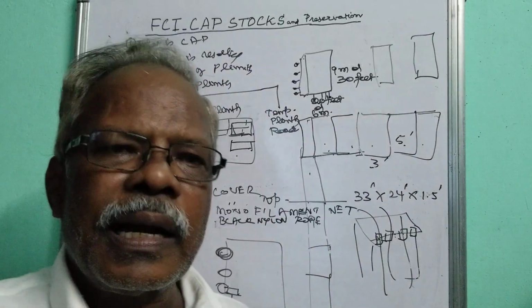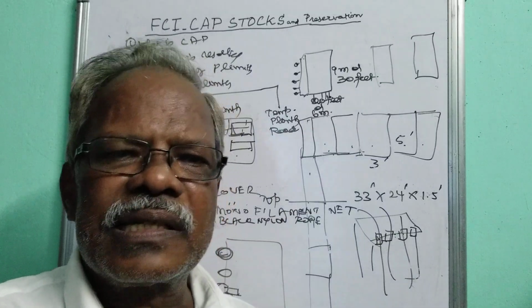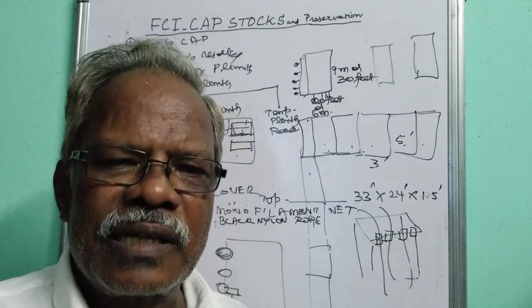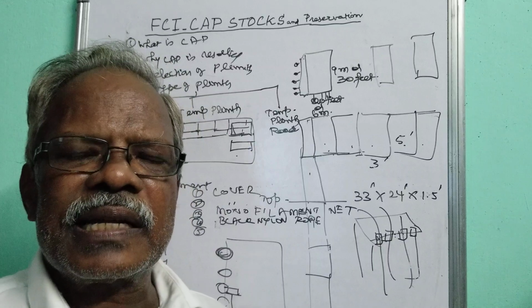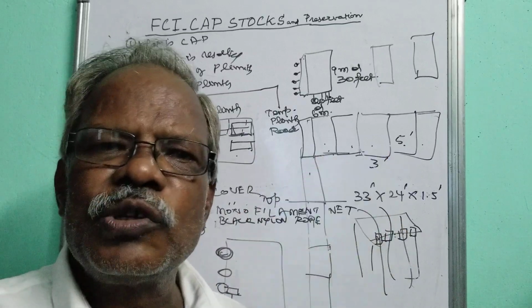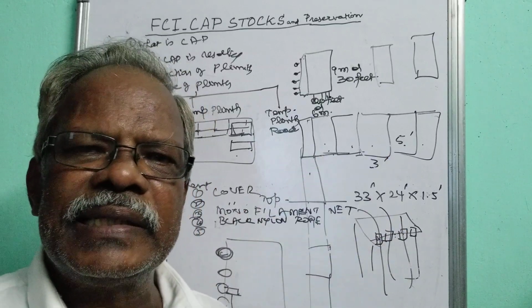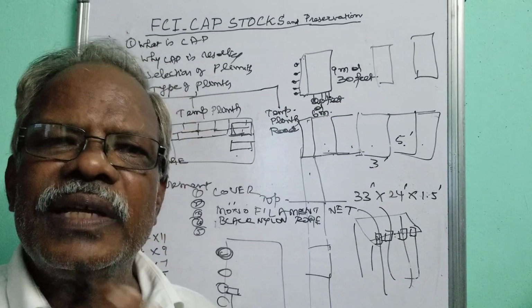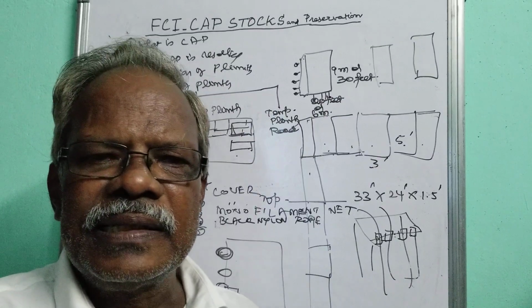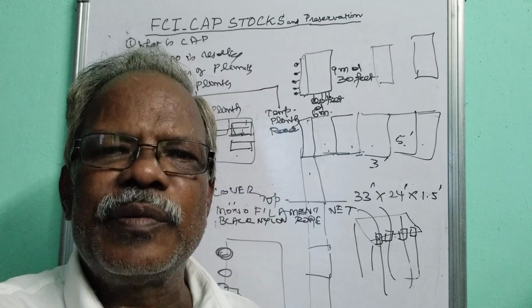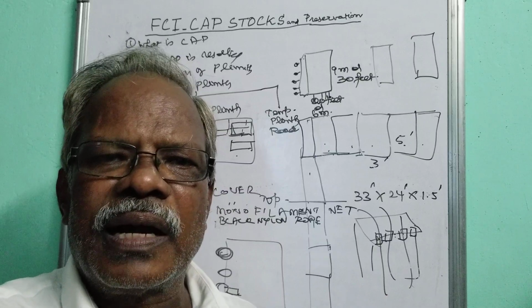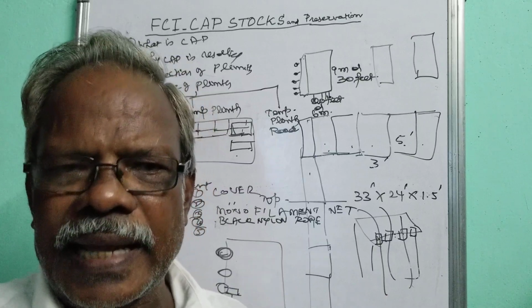Another thing, while receiving the stocks and after issuing the stocks, we should see that the water flows easily. There should not be any stagnation of water. If there is stagnation, condensation will occur and damage will be caused inside the stack.